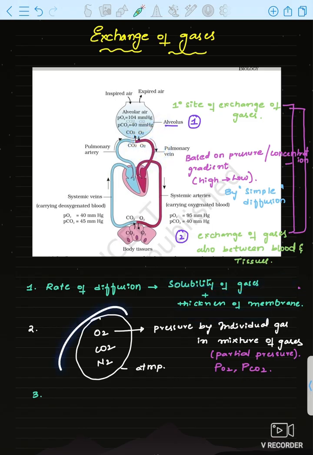See, in the atmosphere different types of gases will be there, like O2, CO2, N2, everything. But among all these gases, the pressure by the individual gas in a mixture of gases is called partial pressure. Okay, that is PO2, PCO2.